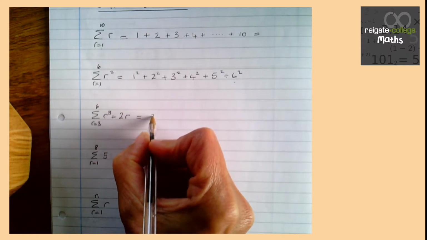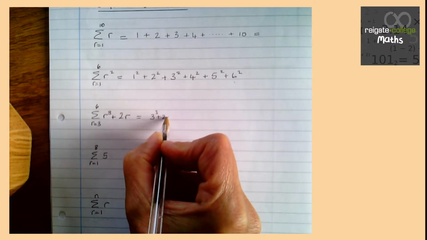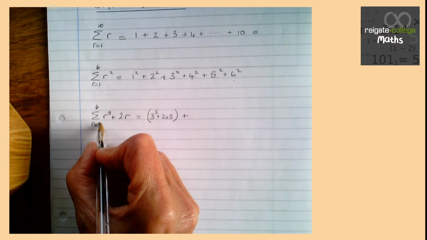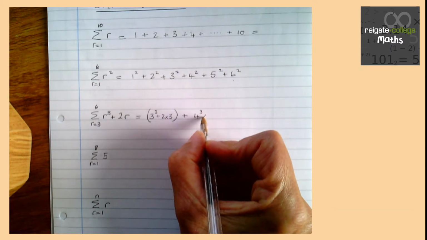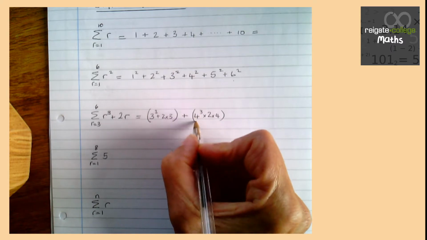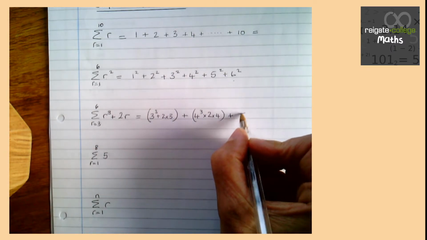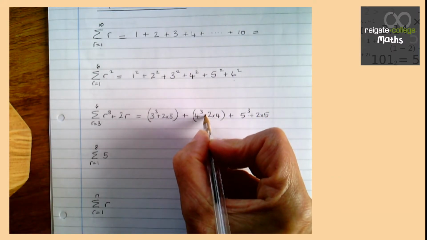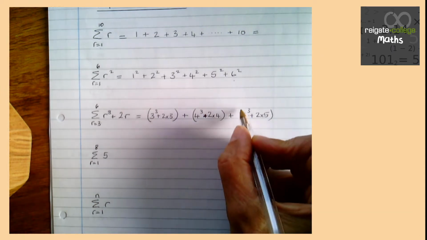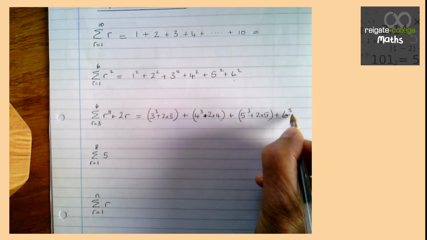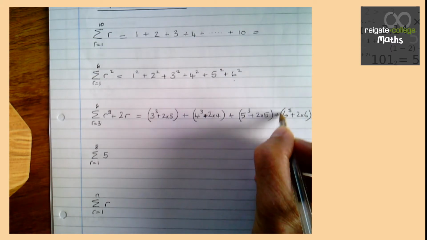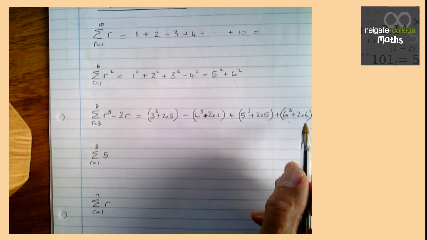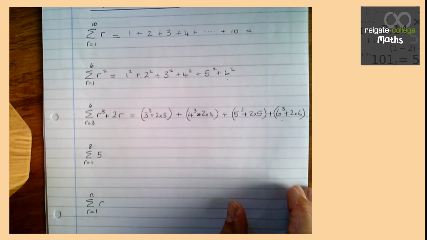So this is equal to 3 cubed plus 2 times 3, plus, then r becomes 4, 4 cubed plus 2 times 4, plus 5 cubed plus 2 times 5, plus 6 cubed plus 2 times 6. And we could work out what this was equal to using a calculator or using the method that we're going to learn in this chapter.